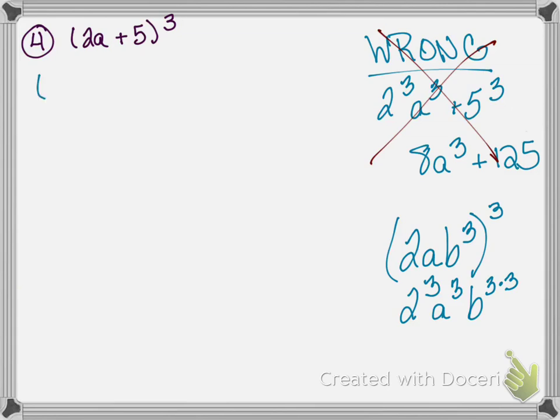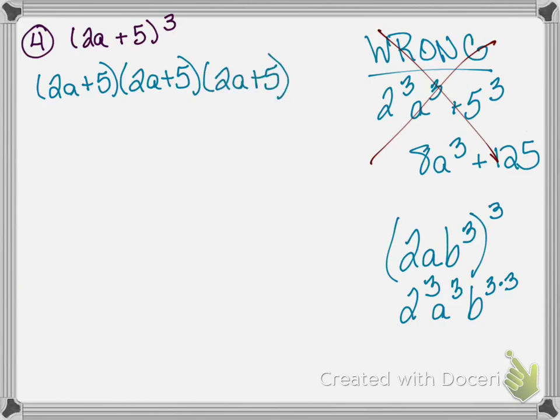So I have 2a plus 5 times 2a plus 5 times 2a plus 5. Okay? I multiplied 2a plus 5 times itself 3 times. So the first thing that I'm going to do is I am going to FOIL these two.